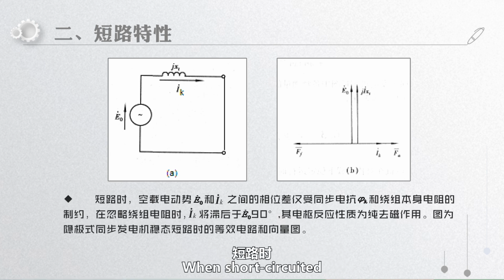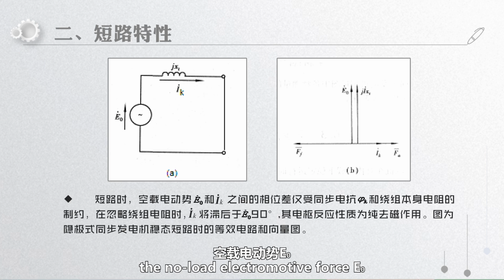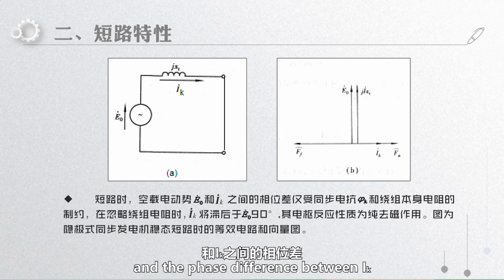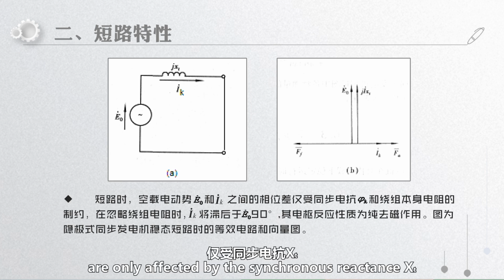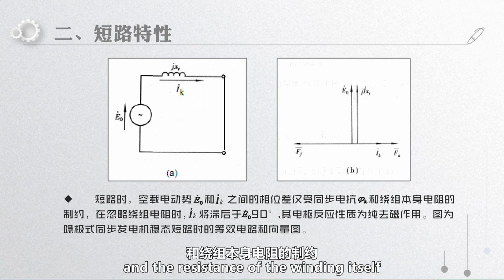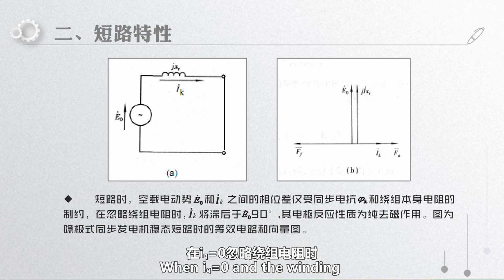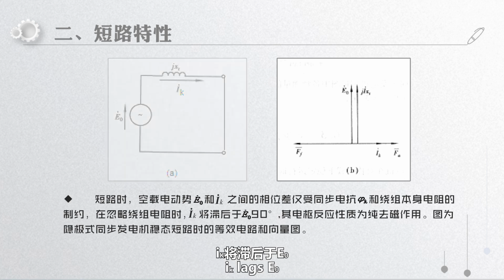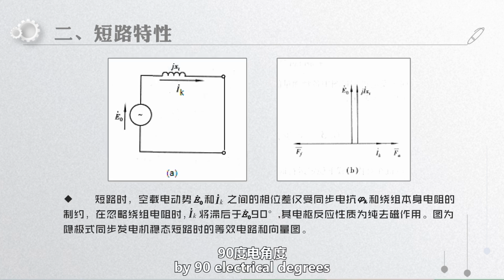When short-circuited, the no-load electromotive force E0 and the phase difference between IK are only affected by the synchronous reactance XT and the resistance of the winding itself. When IQ equals 0 and the winding resistance is neglected, IK lags E0 by 90 electrical degrees.